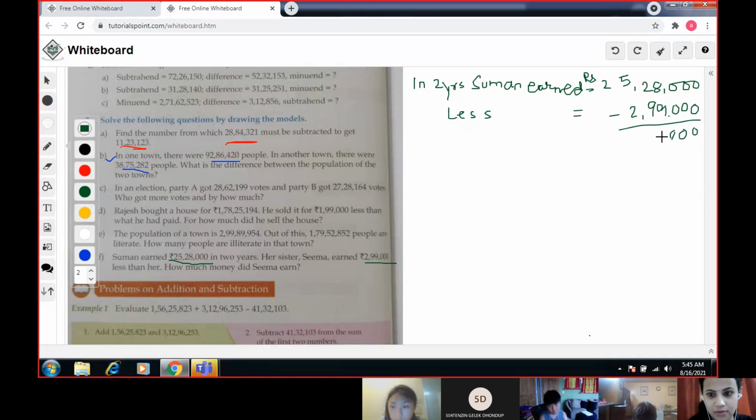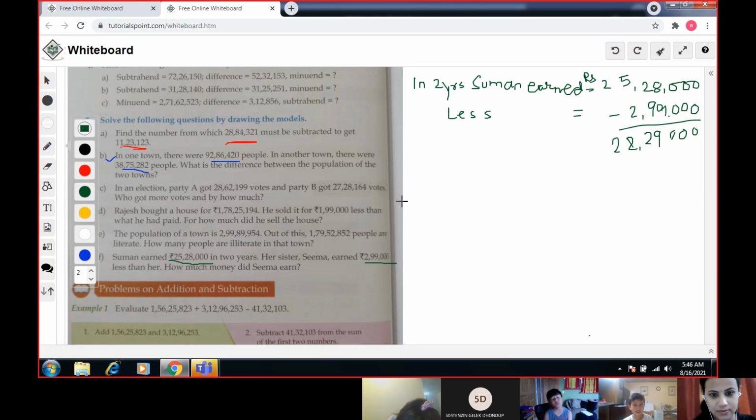So 18 minus 9 will be 9. Here 11. 11 minus 9 will be 2. Here it will become 4. 4 minus 2 is 2. And it will become 2.